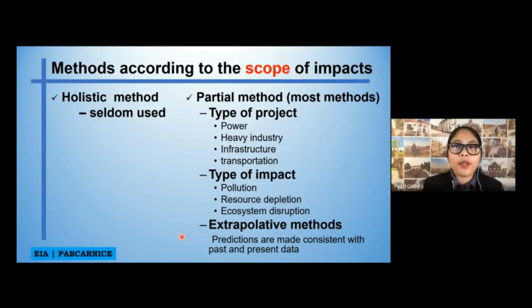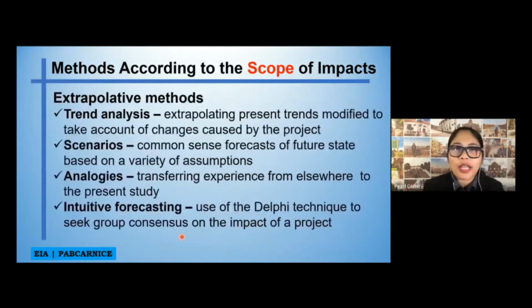When we say extrapolative methods, these are predictions that are consistent with past and present data. We have a few types of extrapolative methods. We have trend analysis, which is extrapolating present trends modified to take account of changes caused by the project.